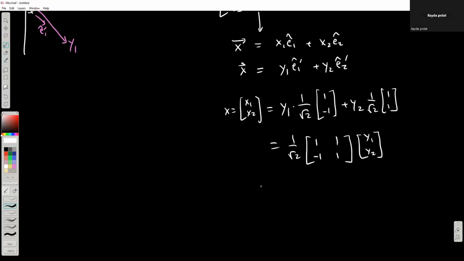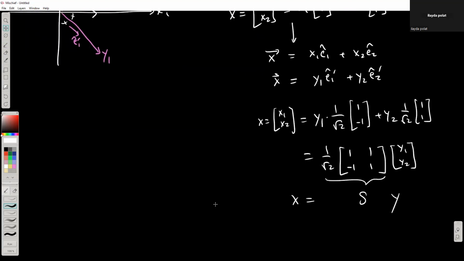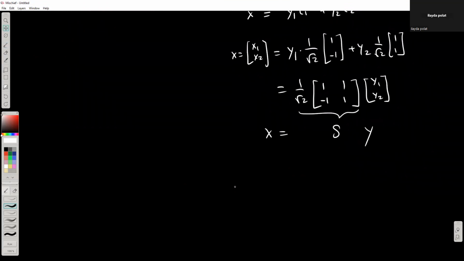Okay, so therefore, basically x is equal to some matrix in here. I'm going to call this S times y. Okay, so I'm basically making a change of coordinates in here. Change of coordinates. So instead of x, I'm using the y coordinate, and the y is given by using that S matrix.